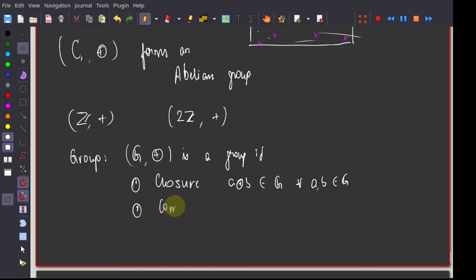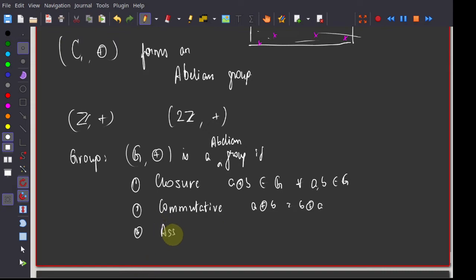It is commutative, an Abelian group. So A plus B equals B plus A for all A, B.